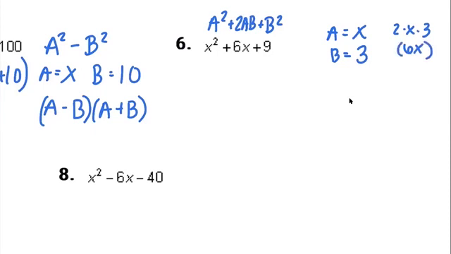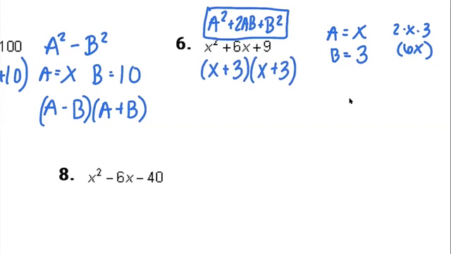So this is the general equation for what you see below here. And when we factor this, we end up getting x plus 3 multiplied by x plus 3.